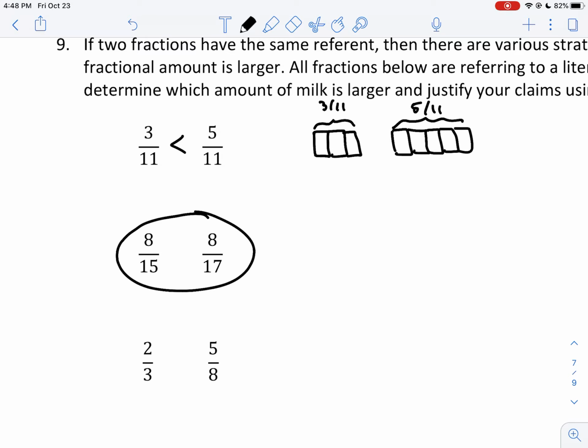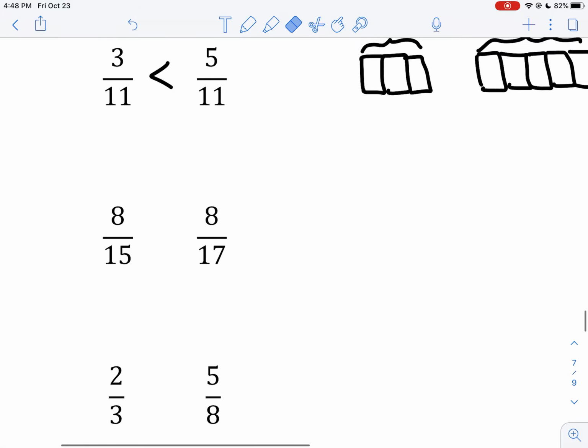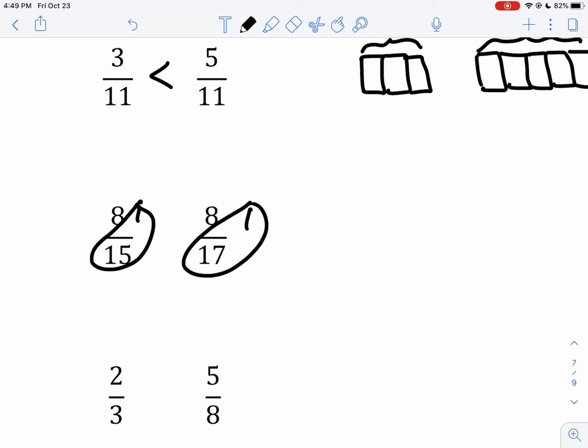All right, what if we have the same numerator but different denominators? Which fraction here is more? Well, the key to look to, we have the same number of iterations. Each of these is 8 pieces, but there are 8 copies of what piece? Well, this is 8 copies of 1/15th, and this is 8 copies of 1/17th. So the real question is, which is bigger, 1/17th or 1/15th?